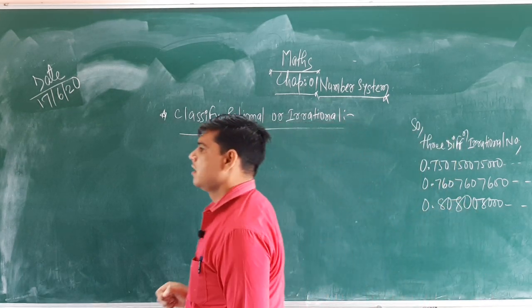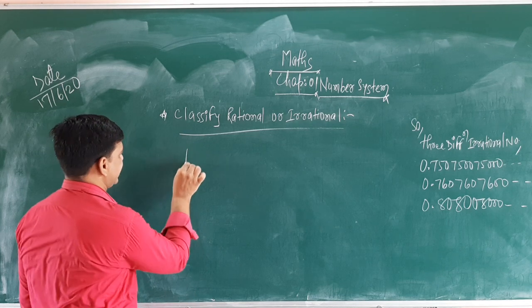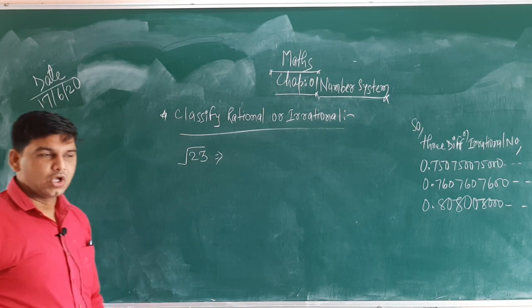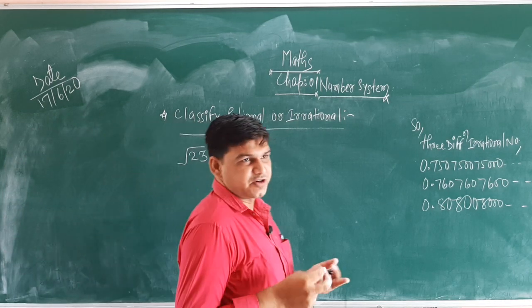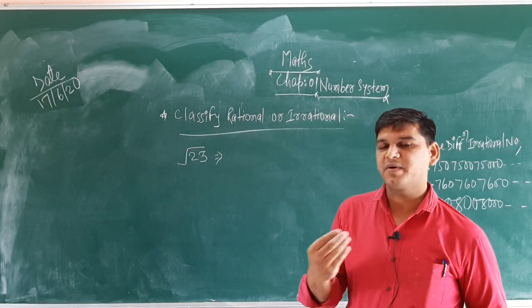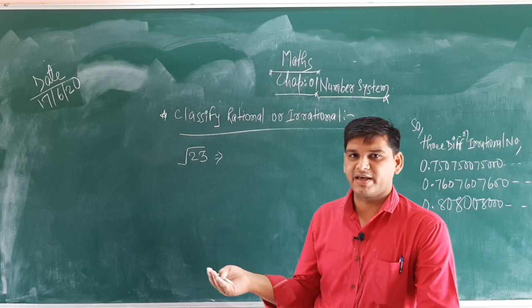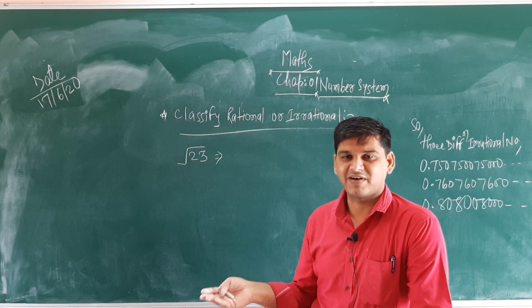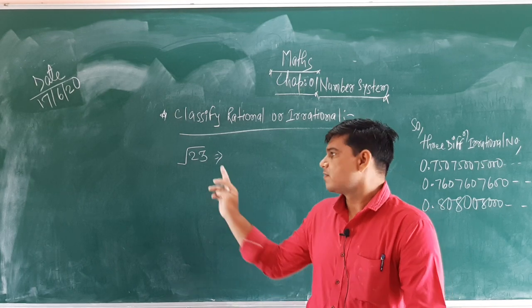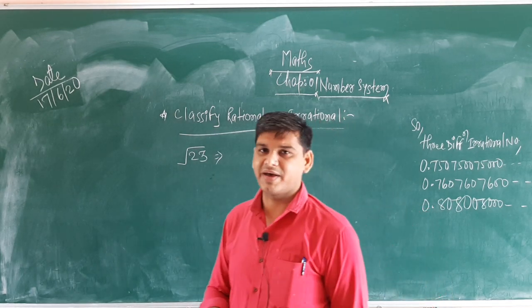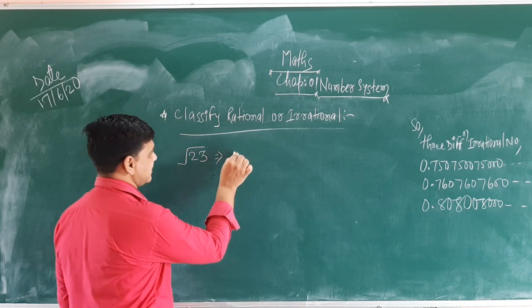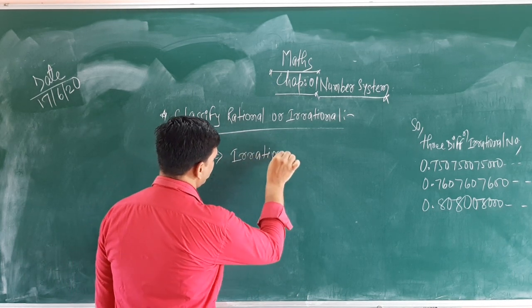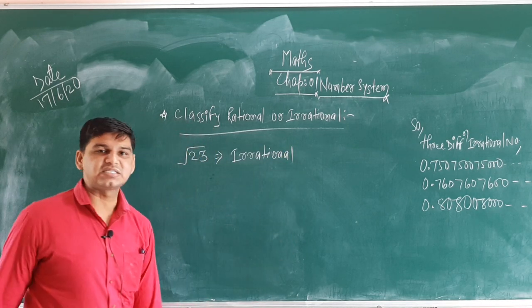Let me write an example here, root 23. So the square root of 23, we don't get a perfect square, because what are perfect squares? Root 4 is 2, root 9 is 3, root 16 is 4, root 25 is 5, whatever perfect squares we get. But root 23 is not a perfect square, so it is always an irrational number, because we don't get the perfect square of this number.